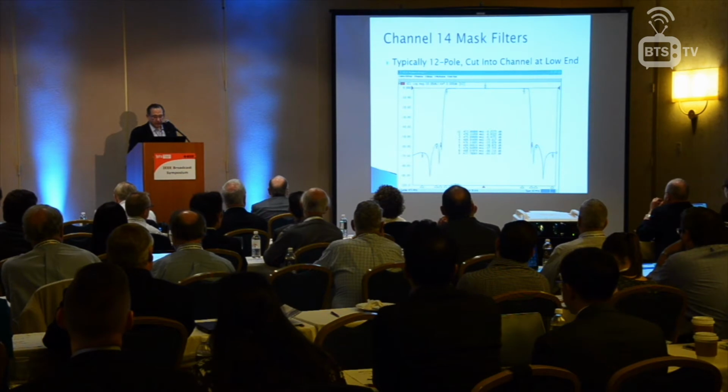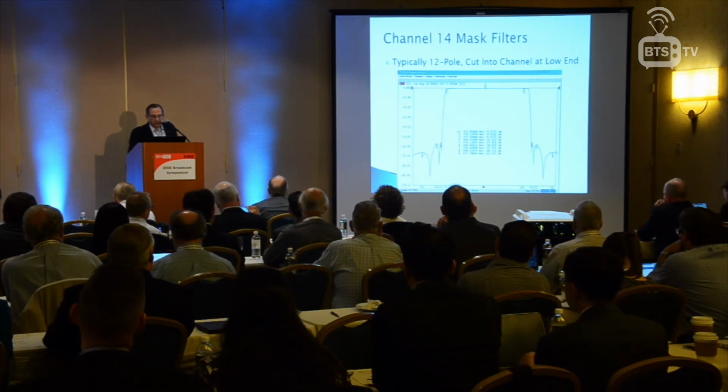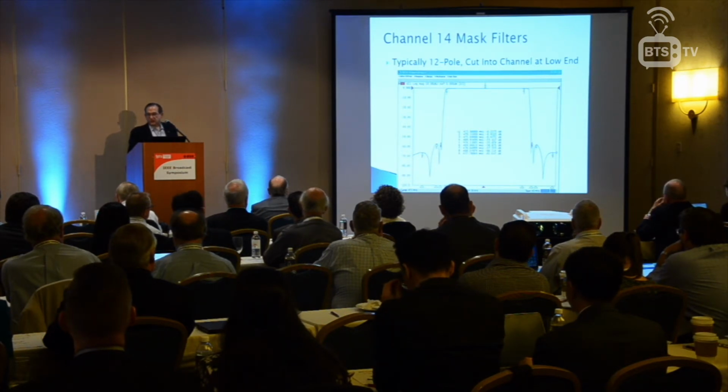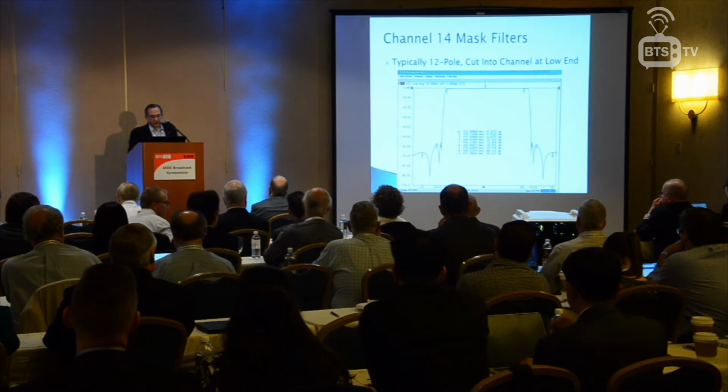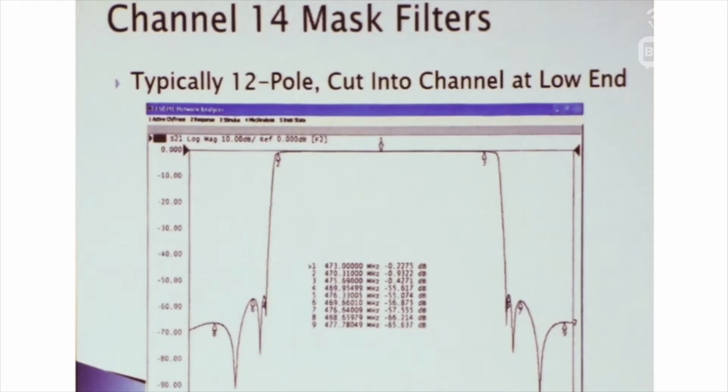So upper edge, lower edge. The behavior on the upper edge is kind of like what we saw with the 8-pole filter, where right at the channel edge, it's starting to head down, and then you end up with a first null a little outside the channel edge. And so you get the full energy from that channel through the filter with only a slight bit of attenuation, and then you drop off precipitously.